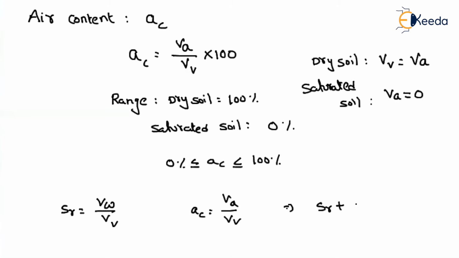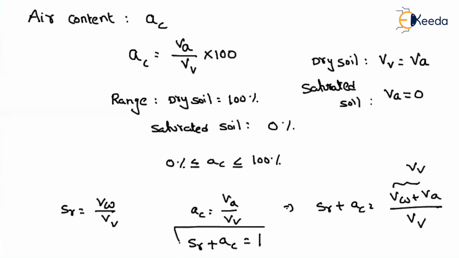Degree of saturation plus air content. Denominator is same, so I can write VW plus VA divided by VV. So what about volume of water plus volume of air? Nothing but volume of voids. So if we add degree of saturation plus air content, that will always be equal to 1. So in some cases, if they give you degree of saturation and you need the air content, then you can find it out by using this relation.